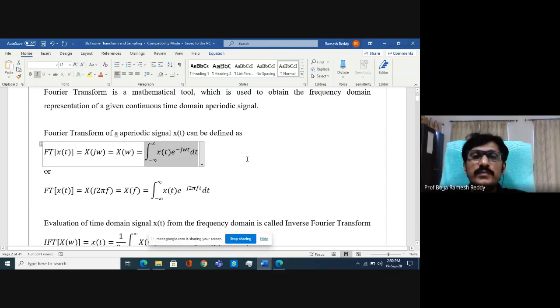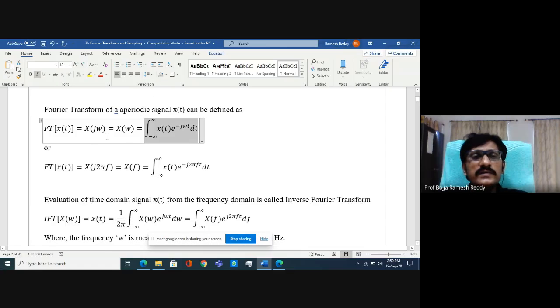Mathematically, it can be computed from the formula: integral from minus infinity to plus infinity of x of t e power minus j omega t dt. We have to know the basic formula which is used to compute Fourier transform. And this is in terms of omega. Omega is frequency, where omega is equal to 2 pi f. We can represent the frequency domain in terms of f also, the f domain or frequency domain.